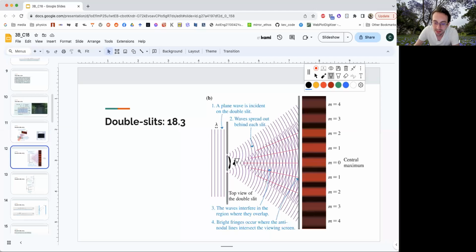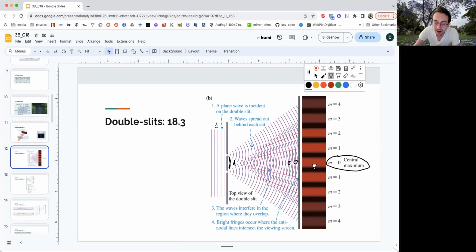And then what you can see is that along the line directly horizontal from the middle of the two slits, we get constructive interference. You can see how these wavefronts, the peaks, are overlapping at all these points along this line. And so we get what's called the central maximum. And this will generally be the brightest spot on the screen that we're projecting the image on.